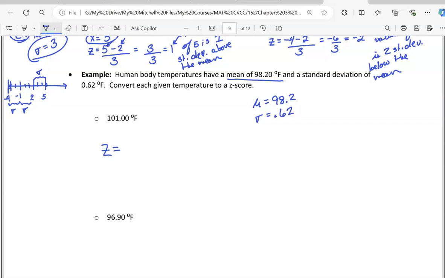So our z-score is going to be the x value, which is 101, minus the mean. We're going to divide by 0.62. So I'm going to do this on my calculator off to the side. So 101 minus 98.2 is 2.2. I'm going to divide that by 0.62.